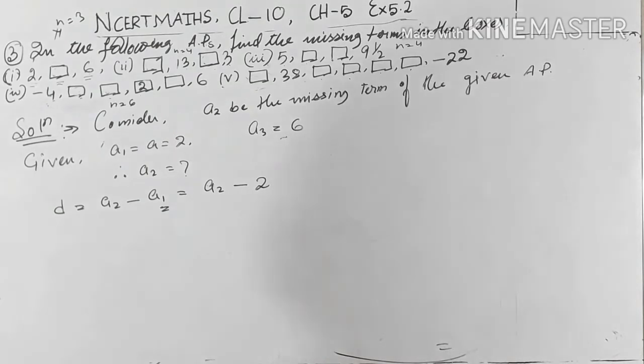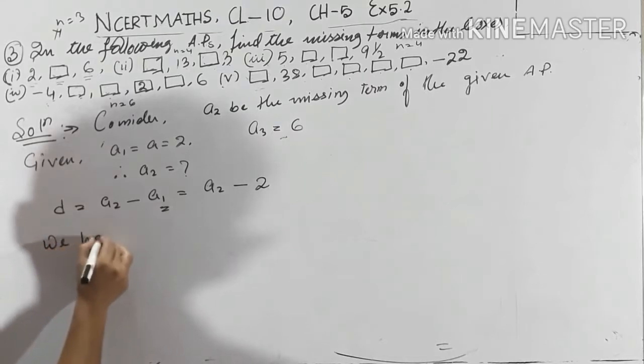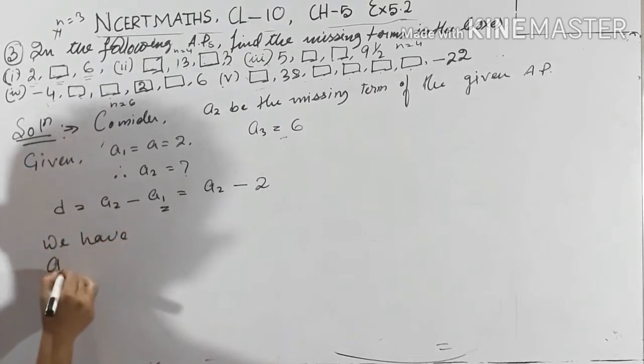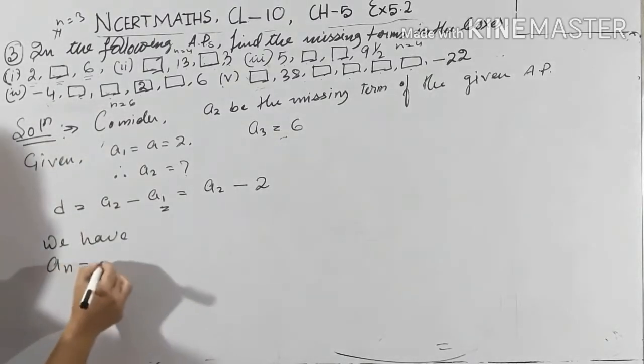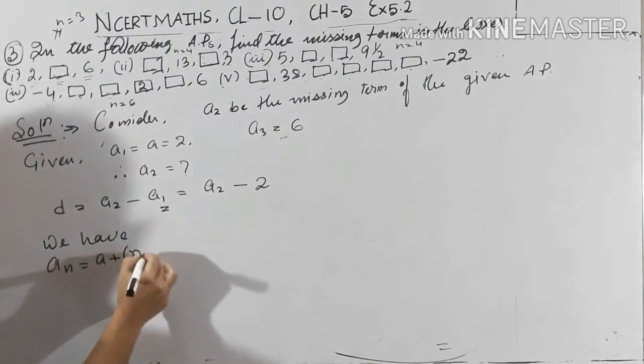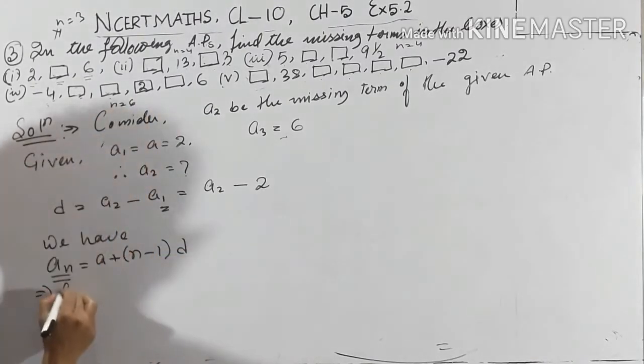What do we have? The nth term is given by an equals a plus n minus 1 times d. Here an is A3, so it will be A3.